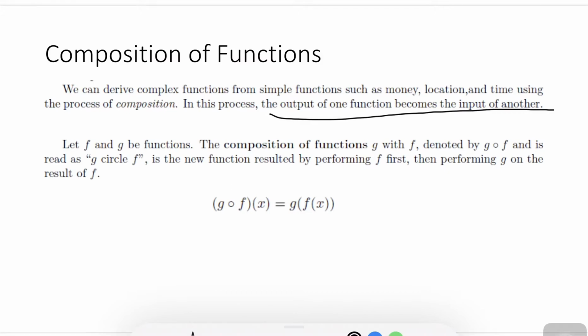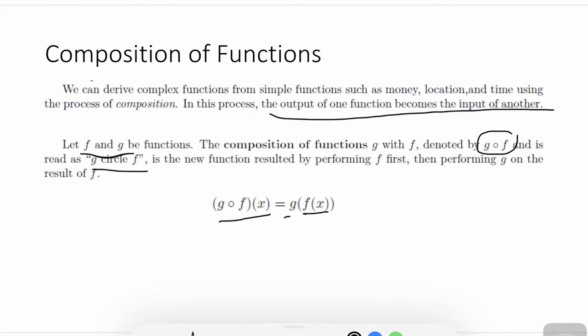Say for example, let f and g be functions. The composition of functions g with f, denoted by g circle f, is the new function resulted by performing f first, then performing g on the result of f. So if we have g circle f of x, we can rewrite this as g of f of x.